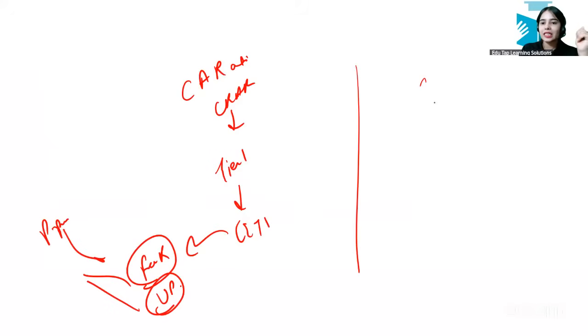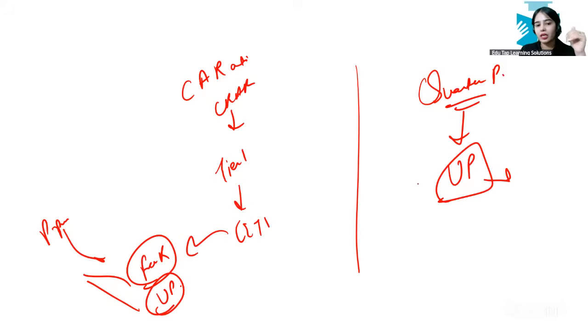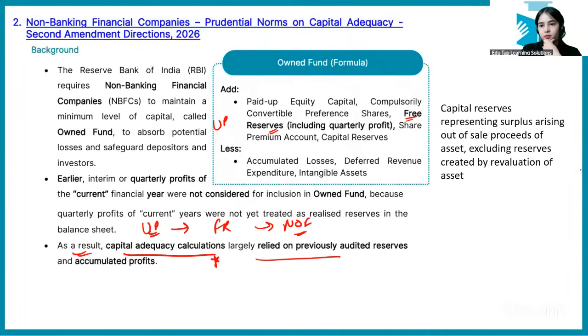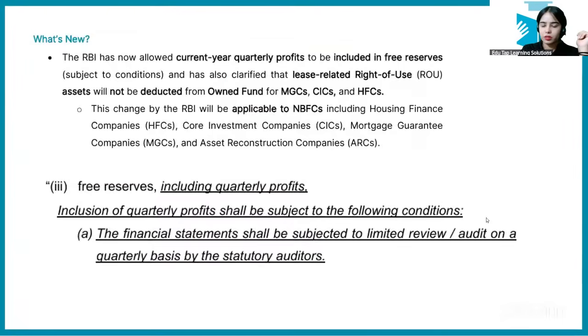Now it has been said that the current quarterly profit, whatever is the undistributed profit from this, should also come under the common equity tier 1 capital, that should also come under the owned fund. Owned fund will be updated quarterly. You can calculate it on a daily basis also, but it will be updated quarterly. Any confusion here, first of all?